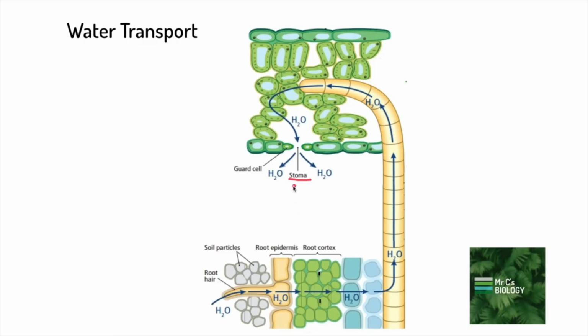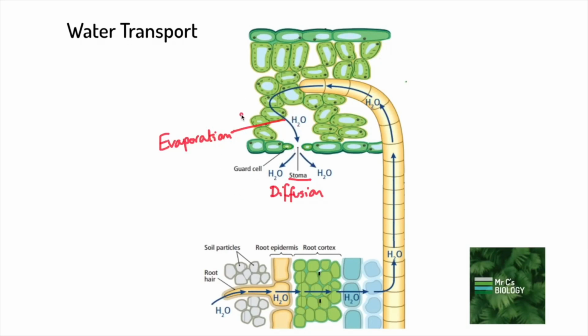And so water vapor moves by diffusion out of the stoma. Before it diffuses out of there, it needs to evaporate from the cells. So some evaporation is happening here, and that is where the water leaves the cells in the spongy mesophyll and evaporates into an air space.